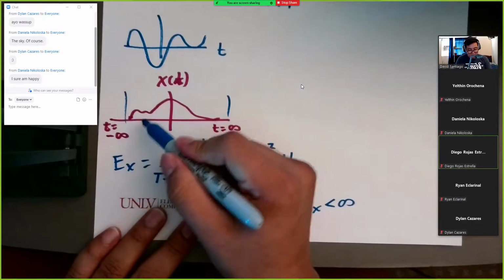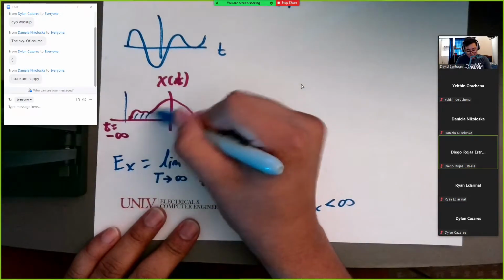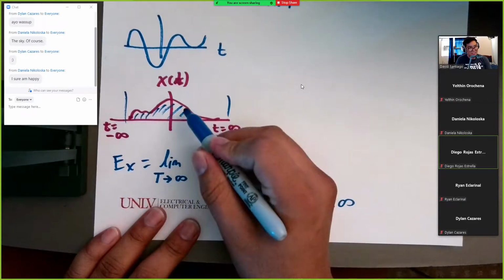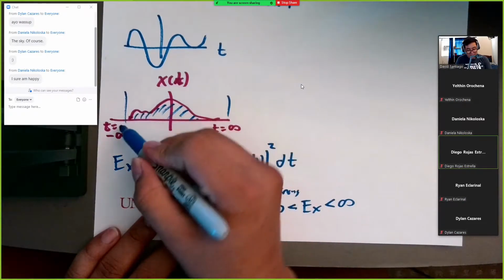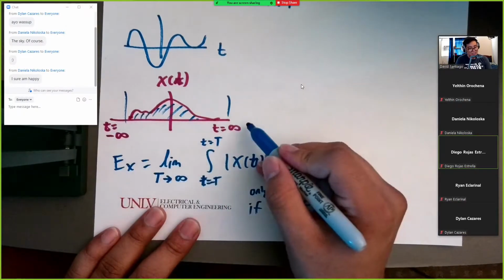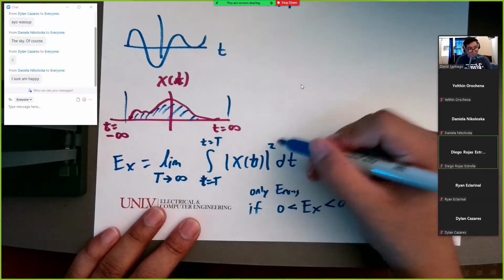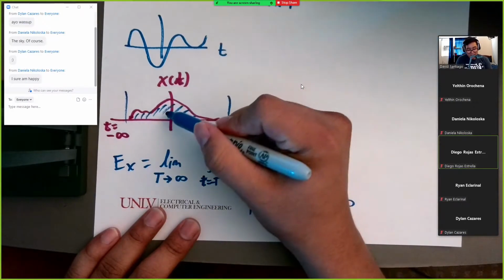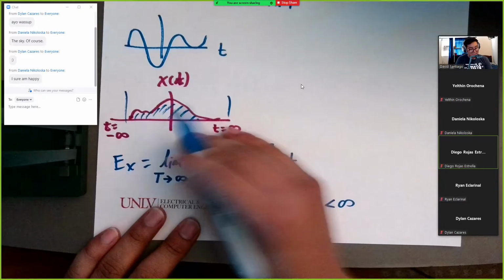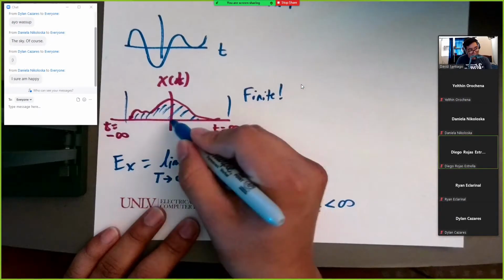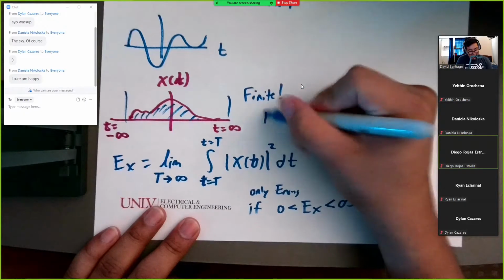So if I were to add this signal from minus infinity to positive infinity, absolute value, and then square it, it's finite. Which means this signal here is actually an energy signal.